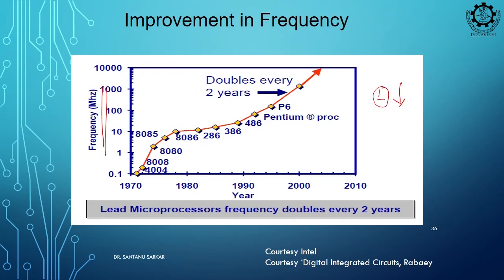And also the interconnect is improved, the parasitic capacitance is improved. So, the result is that your frequency of operation is increased. Our frequency of operation also roughly doubles every 2 years.